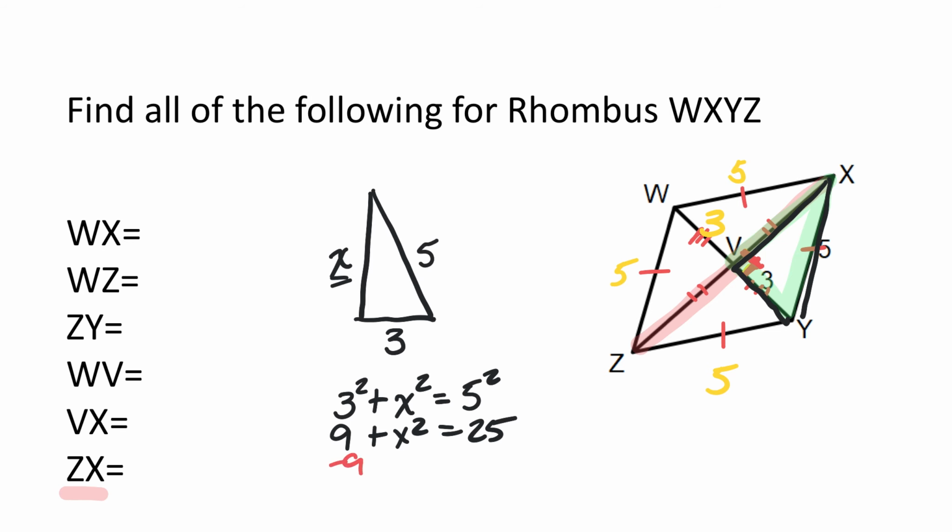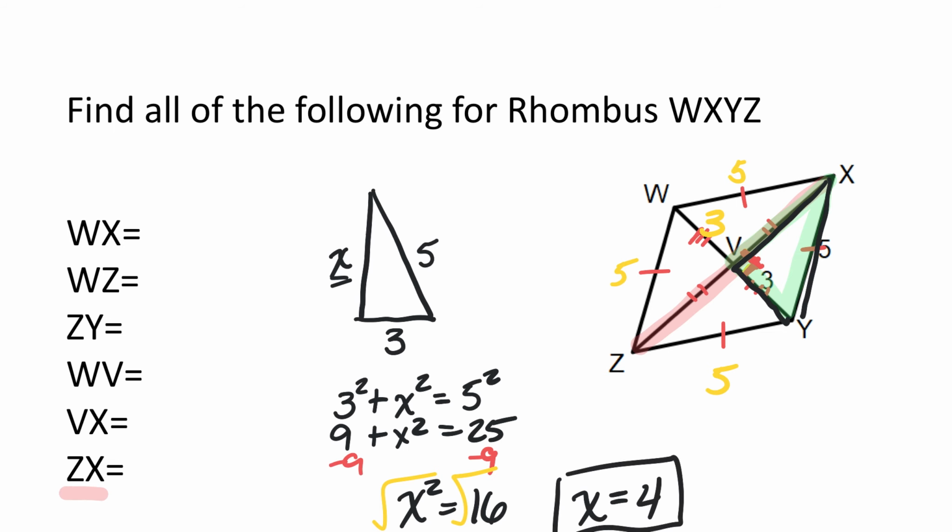When we subtract the 9, we get 16. So x squared equals 16. Therefore, square root both sides, x equals 4. 3, 4, 5. Very popular. So this segment here is going to be a measure of 4.